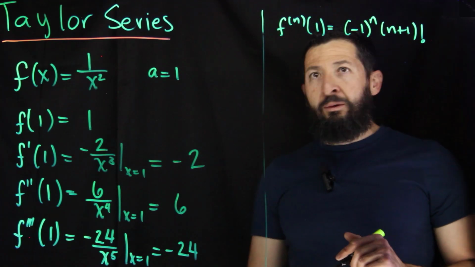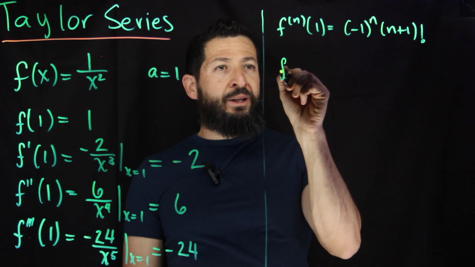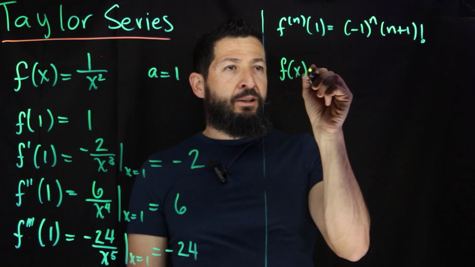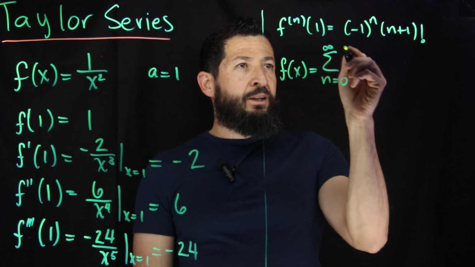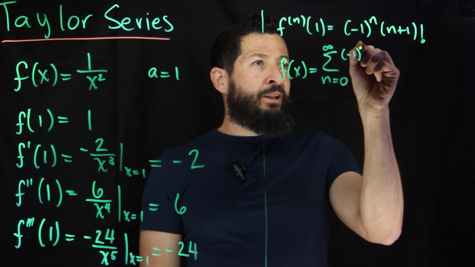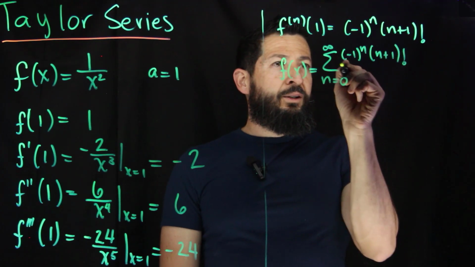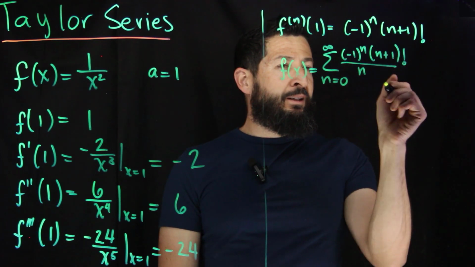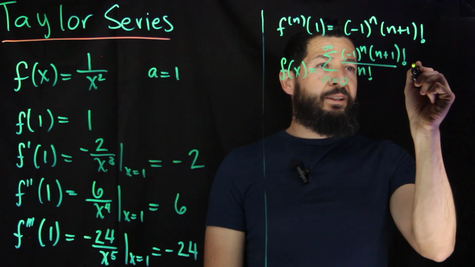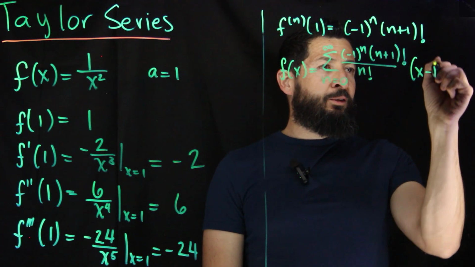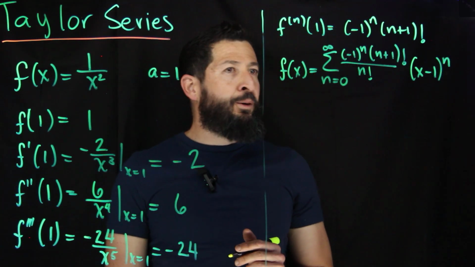Alright, so now let's take a look at what our Taylor series would look like. f of x should be equal to the sum from n equals 0 to infinity of negative 1 to the n times n plus 1 factorial over n factorial times x minus 1 to the n.